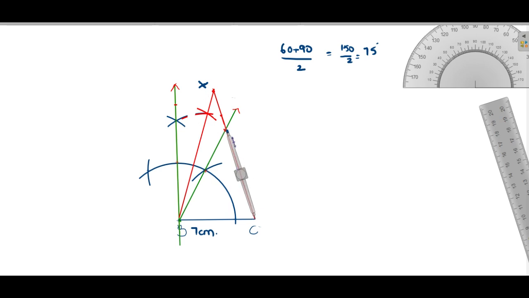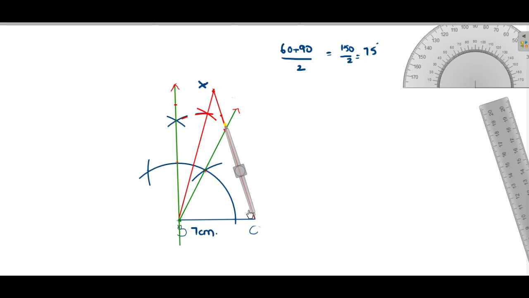As we can see here, it is approximately more than the length of XC. For this XC, we are drawing the perpendicular bisector.